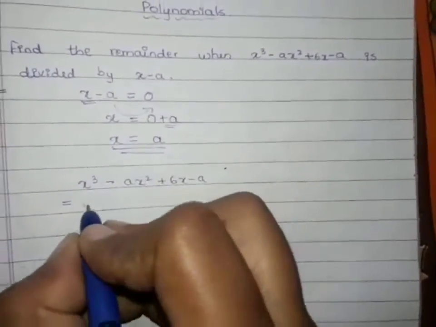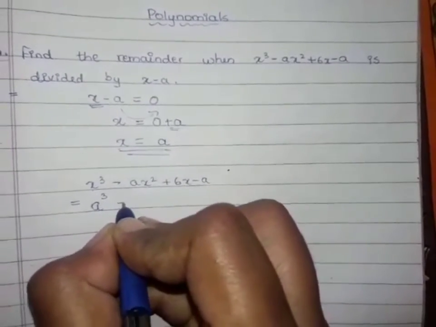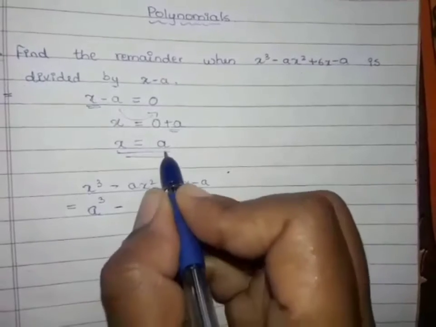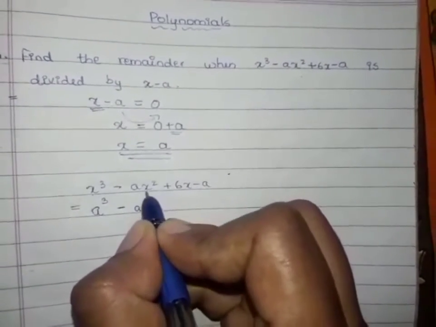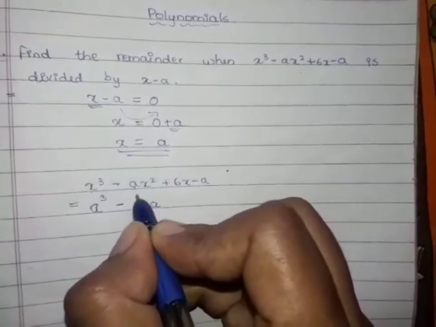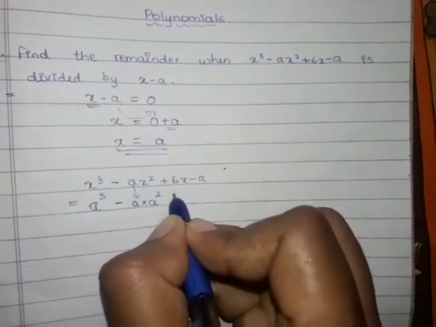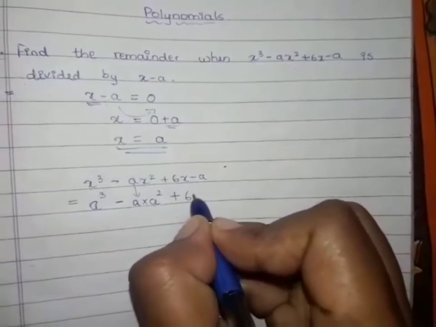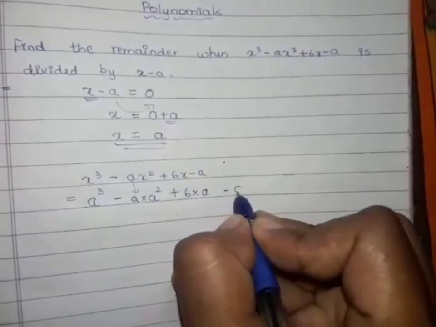So x cube will become a cube minus, here a will be a itself, into x square, in the place of x I should put a, so a square, plus 6 into x will be written as a, minus a.